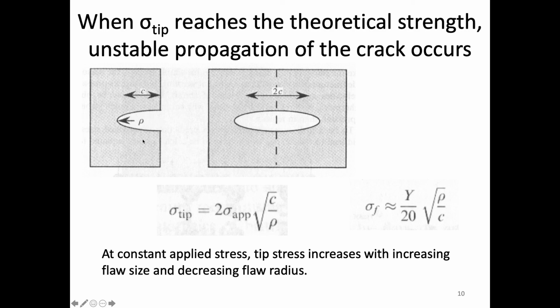There is going to be amplification at the tip, the leading edge of this flaw. And so when we put this under stress, it's going to be amplified at that site. The real condition for failure is going to be when that stress at the crack tip reaches the theoretical value. That's when we have unstable propagation of this crack, and it goes throughout the material and causes failure.